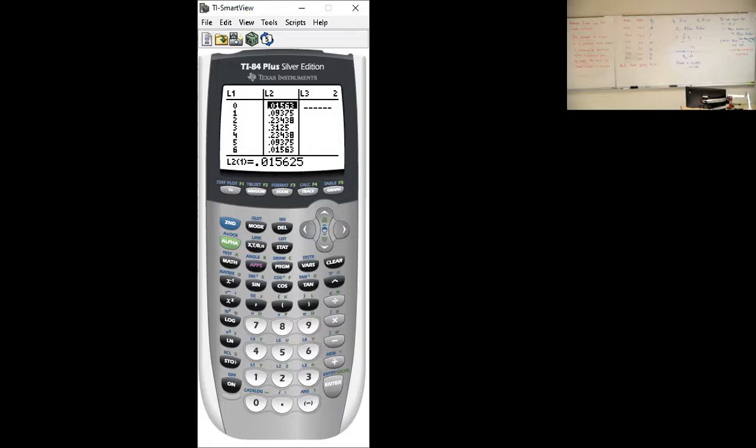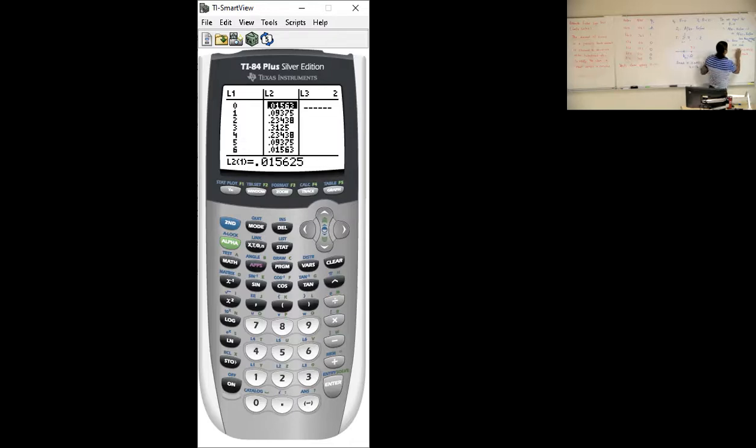0.36. 0.34. 0.343 exactly. Is it 0.01593 or is it 63?